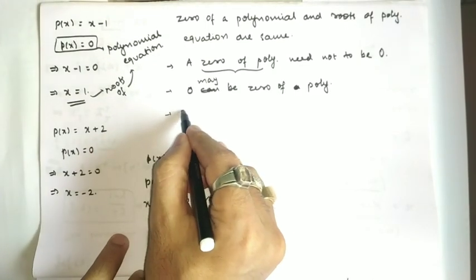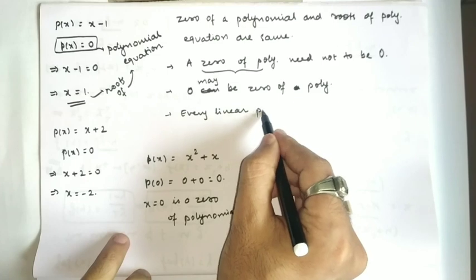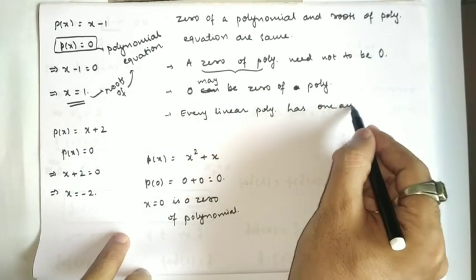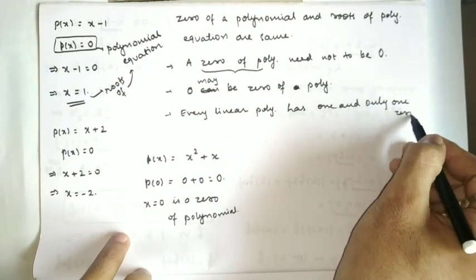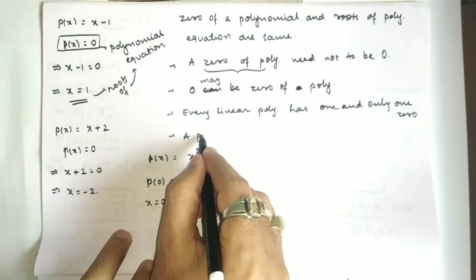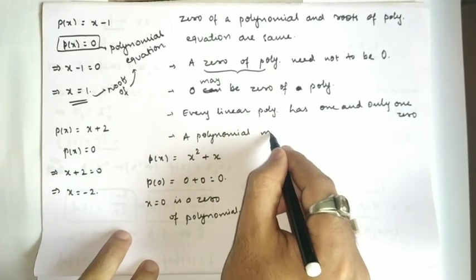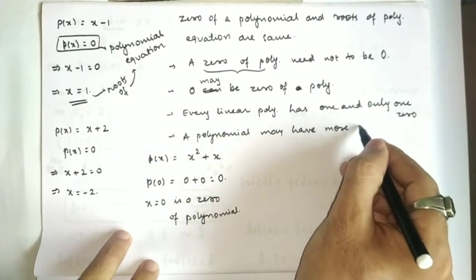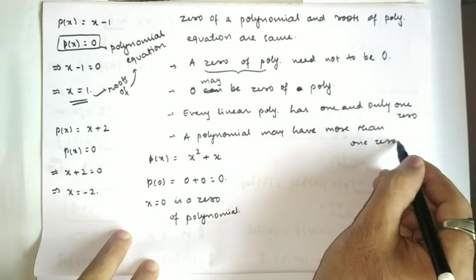One more thing I told you, that every linear polynomial has one and only one 0. Correct. And last is a polynomial may have more than 1 0.